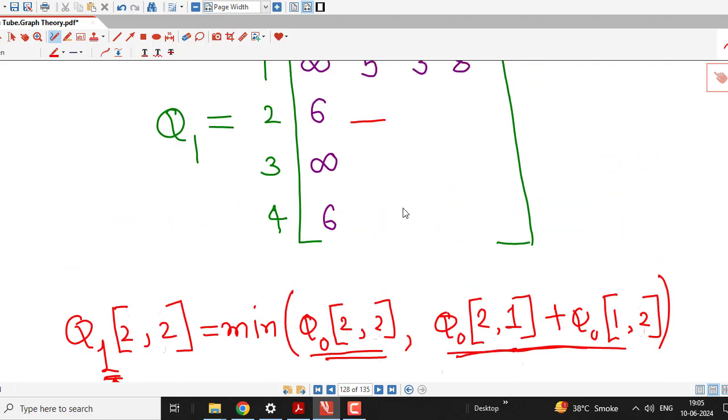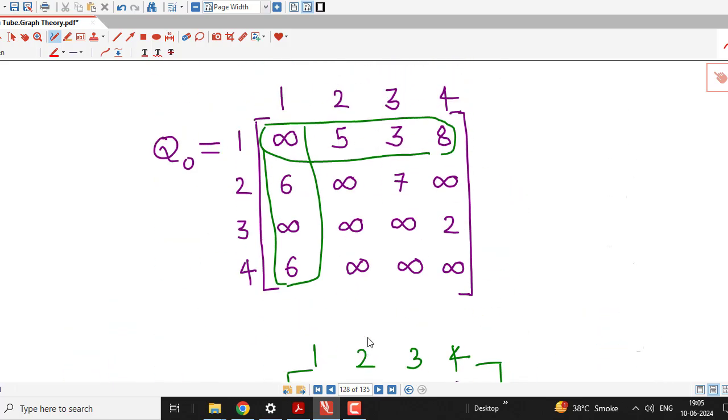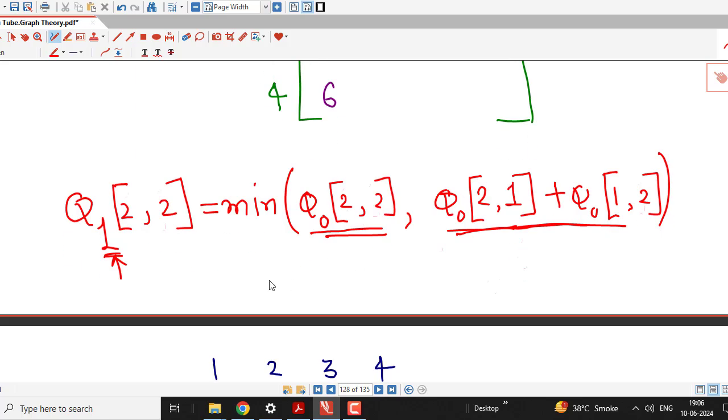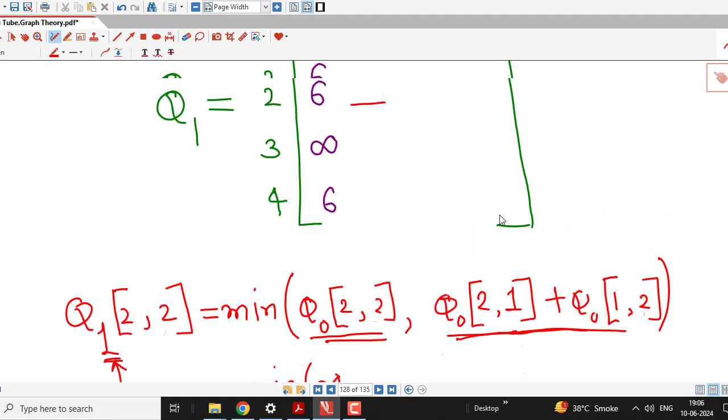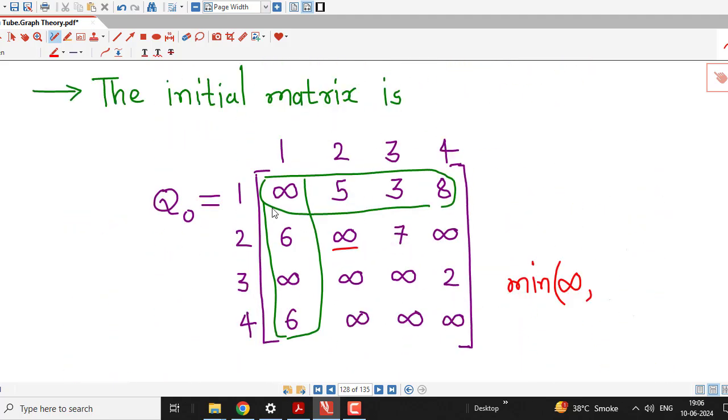So for that I have to search in Q0, the 2nd entry of Q0, that is the entry at this position, that is infinity. I am considering the 2nd entry of Q0, that is infinity, or we can write here also minimum of infinity. Then the 1st entry of Q0 and the 2nd entry of Q0.